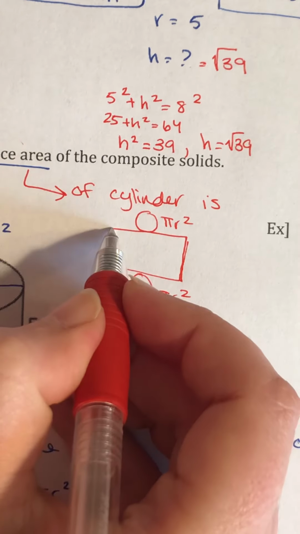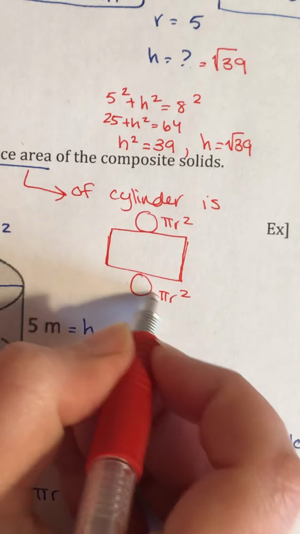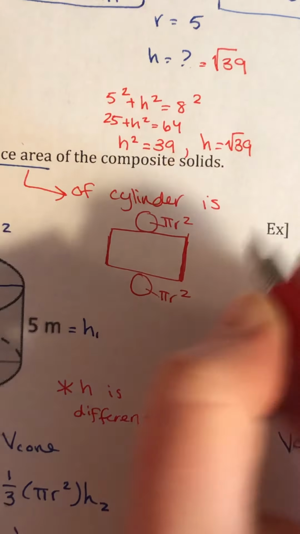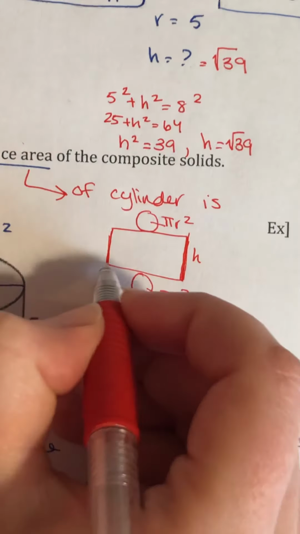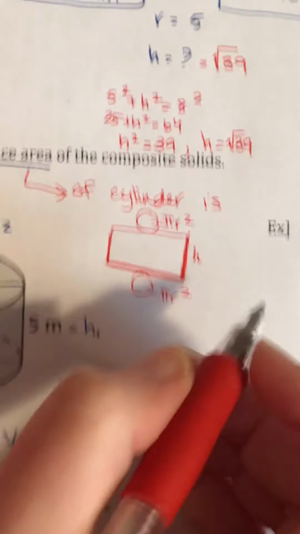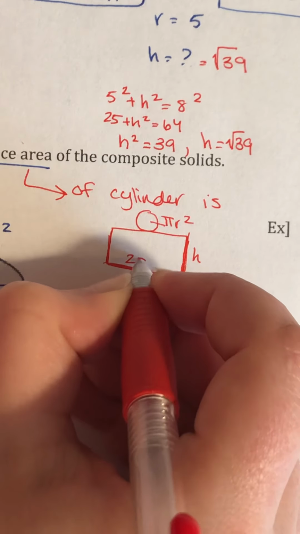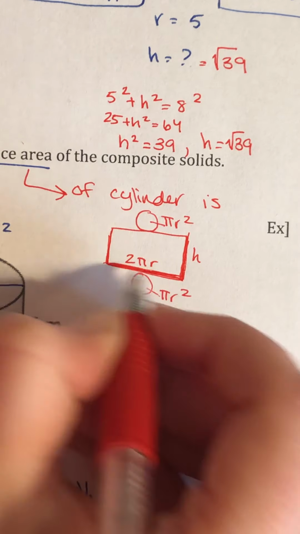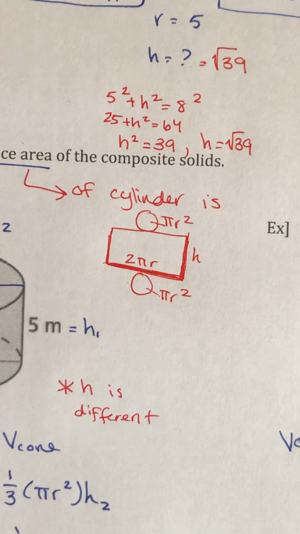But in this case, the length is the height, and the width, if you can imagine if you curled it around, is going to be the circumference of the circle.